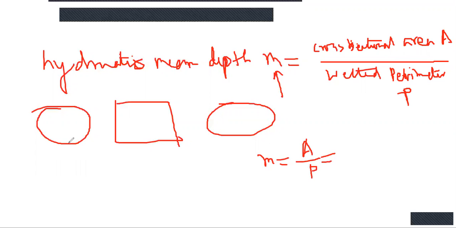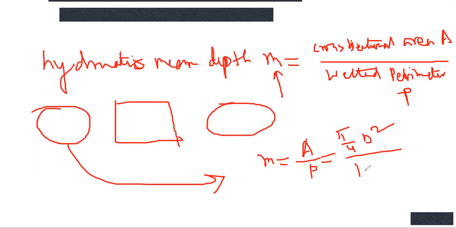For a circular duct, what is M? The area is pi by 4 d square, where D is the diameter, and the perimeter is pi d. Pi cancels out, d cancels out, that is d by 4 for a circular duct.